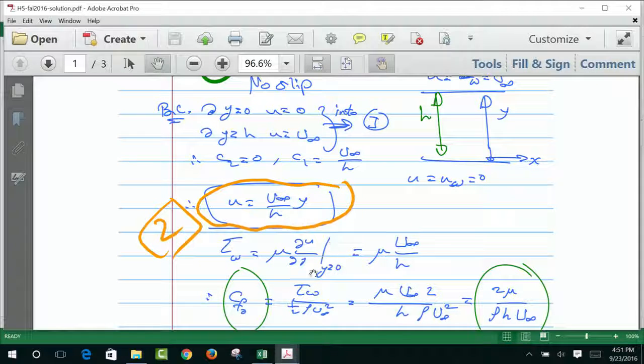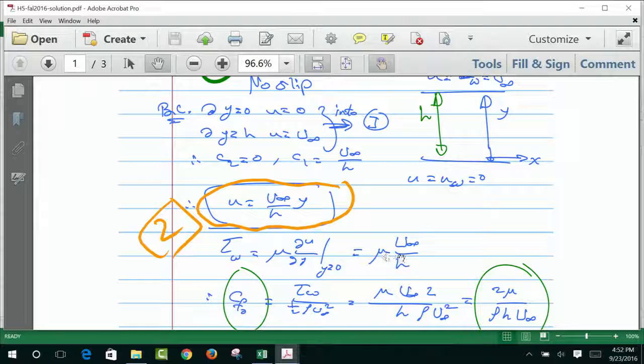So partial U, partial Y, officially, is at Y equals 0. But if partial U, partial Y is simply U infinity over H, how do you want me to evaluate it at Y equals 0? It doesn't matter whether it's Y equals 0, Y equals H over 2, or Y equals H. So it's just U infinity over H multiplied by mu.